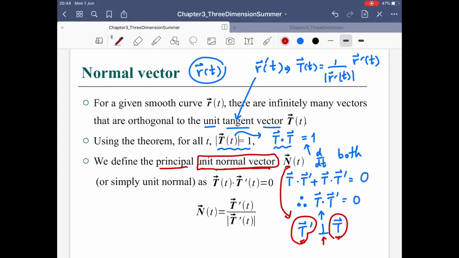So in order to be a unit vector of T prime, you just divide T prime by its own length like this. So this is the unit normal vector.